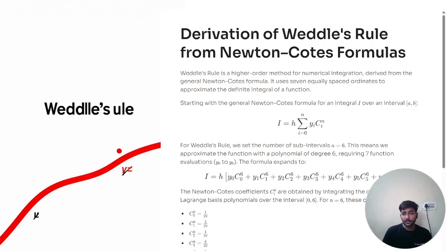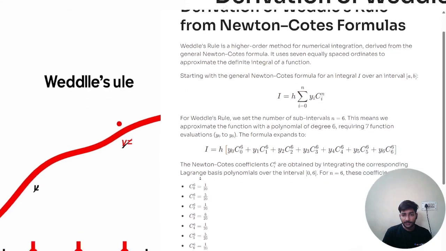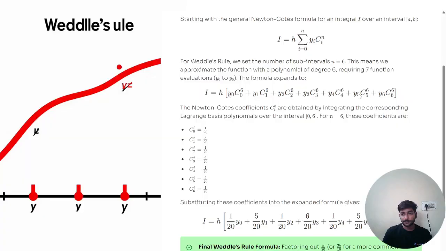Here we put the value and get this term: I is equal to h into y0 c0 6 plus y1 c1 6 plus y2 c2 6 plus y3 c3 6 plus y4 c4 6 plus y5 c5 6 plus y6 c6 6.